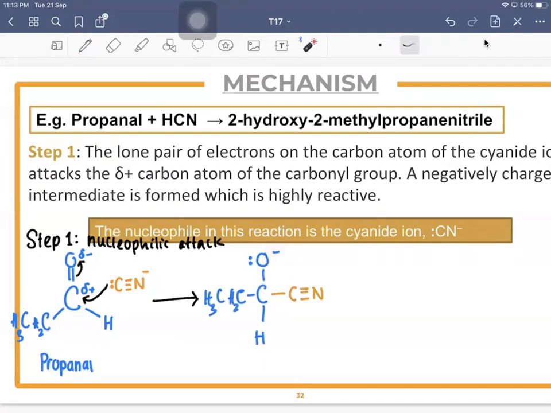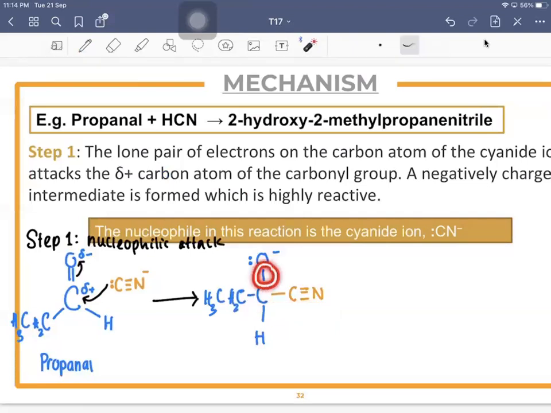This goes back to our heterolytic fission. The atom that gets the pair of electrons becomes negative, and the one that doesn't get the electrons becomes positive. So if you imagine this carbon becomes positive, combined with the negative charge on the cyanide ion, this part becomes neutral.